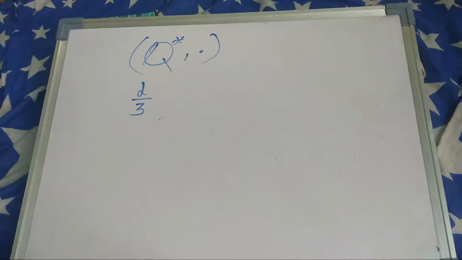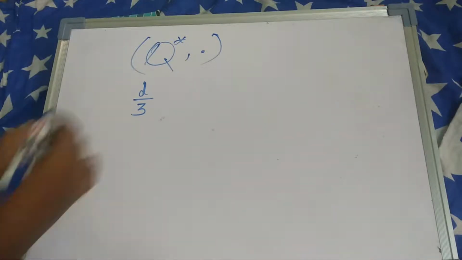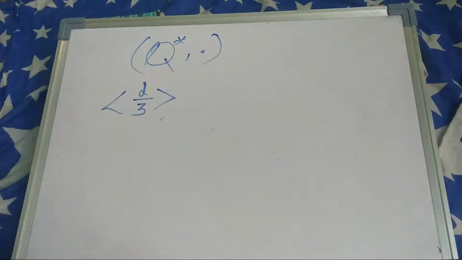Now, in Q star under multiplication, try to find what the subgroup generated by 2/3 is. Clearly 2/3 belongs to Q star. So can you tell me what the subgroup generated by 2/3 is?